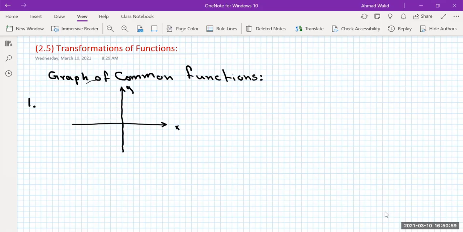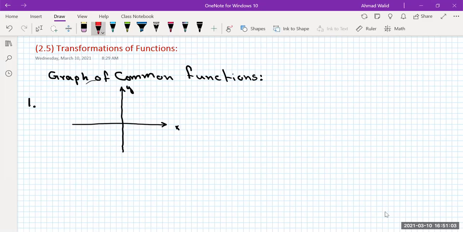X, Y. Let me draw here a line. One of the common functions or the parent functions is this line.